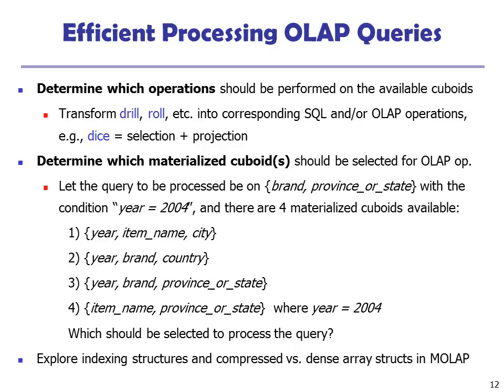So the important thing to remember here is you can get less detailed data from the more detailed data. However, if you are given a cuboid which has less detailed data, and you're trying to do a query which needs the more detailed data, you cannot pick the one which has lesser details. All right.